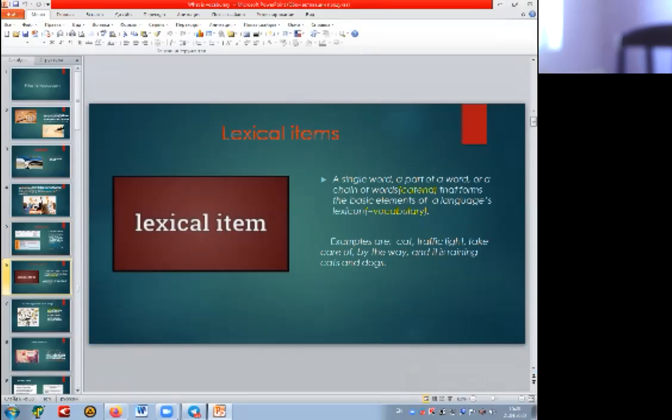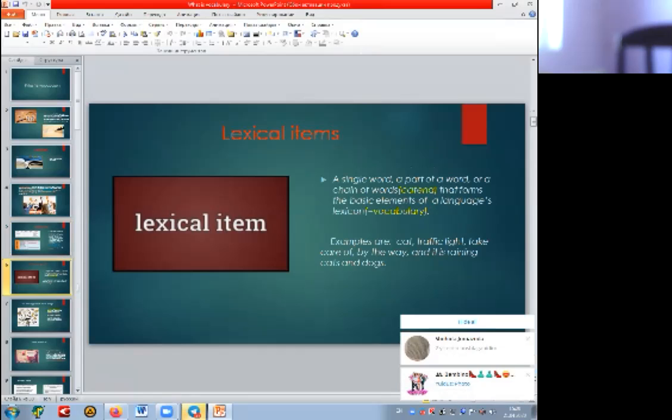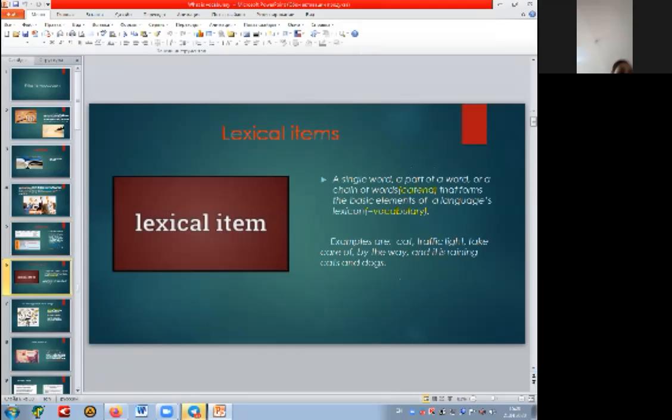And what about lexical items? What do you think? Lexical items are single words, or maybe a part of a word, or a chain of words that form basic elements of a lexicon. For example, here you can see examples: cat, traffic, take care of.